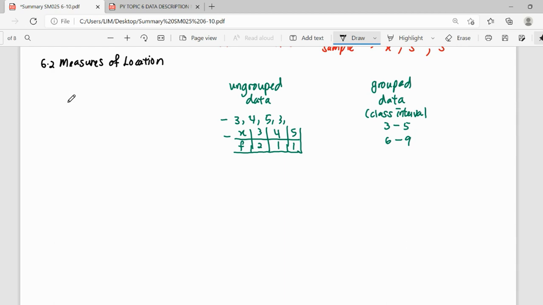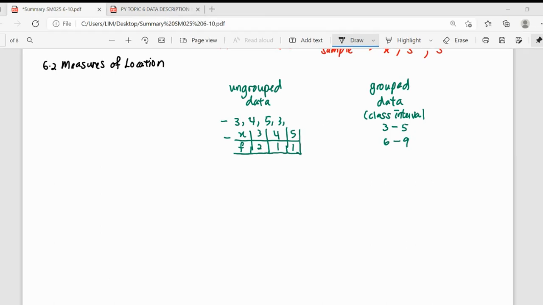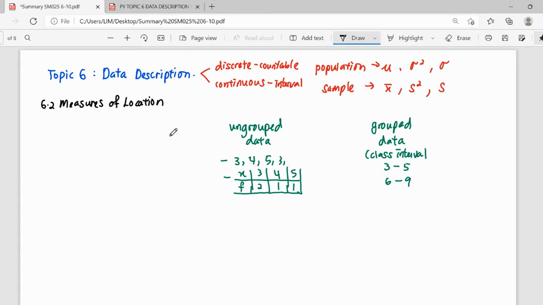Then only can you calculate your value, your analysis result. So measurement about location means you have to identify the location. You are going to identify its position. Then only can you get to the result. So that is what we mean by measurement of location.